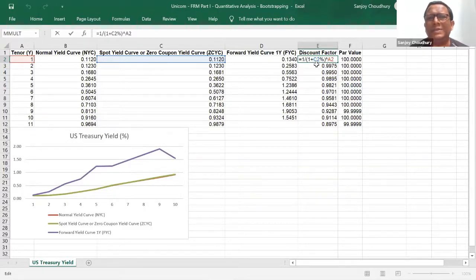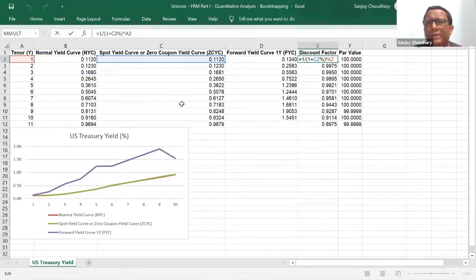Be careful that we are using the spot yield, or the zero coupon yield. Be careful to mention the percentage: if the percentage is not already in the number, as in column C where these are plain numbers, it is raised to the power A2, which is the tenor. These are the discount factors. Similarly, we can compute the discount factors for all the tenors based on the spot yield curve being generated in column C.